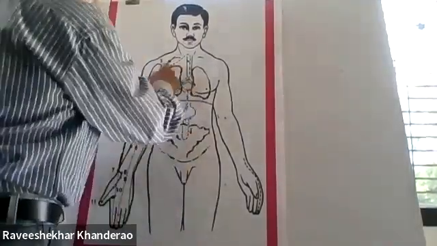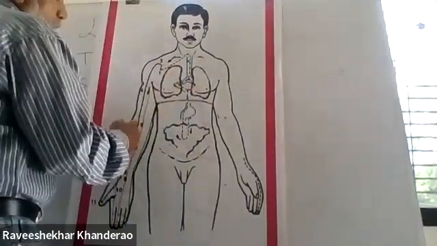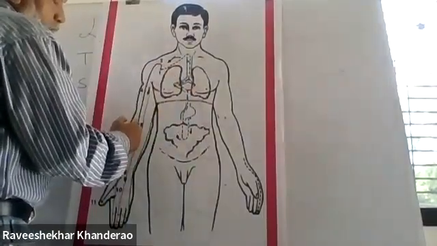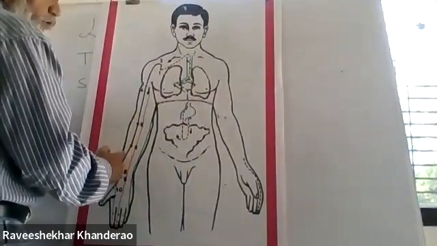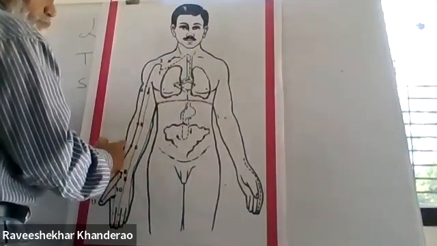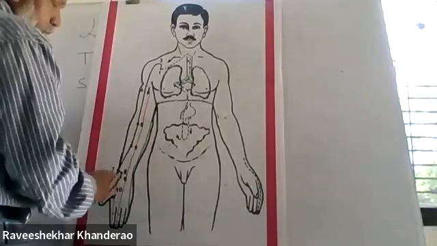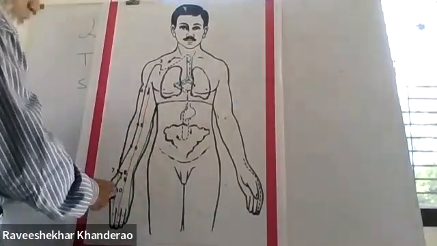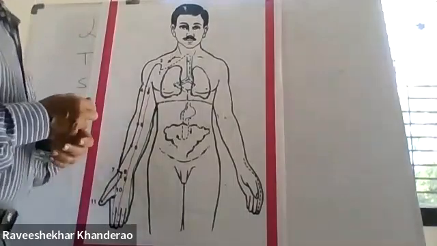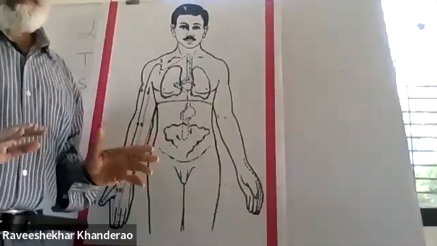So how does it travel? It travels from the anterior lateral side on the radius side, and it goes down. It goes to the thenar eminence and then ends at the radial corner of the thumb.